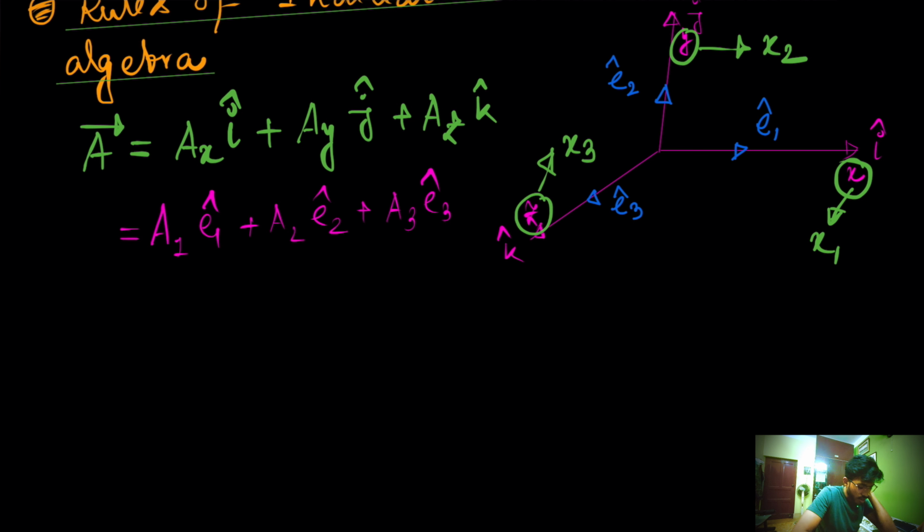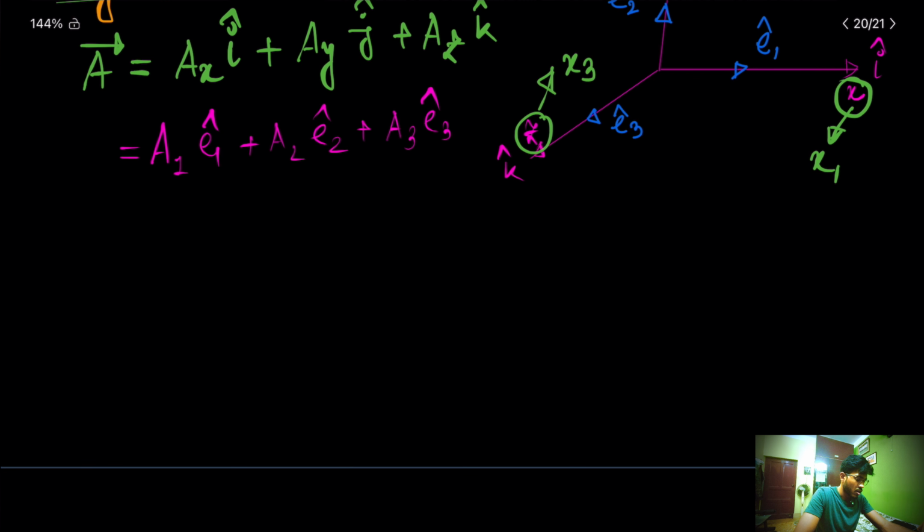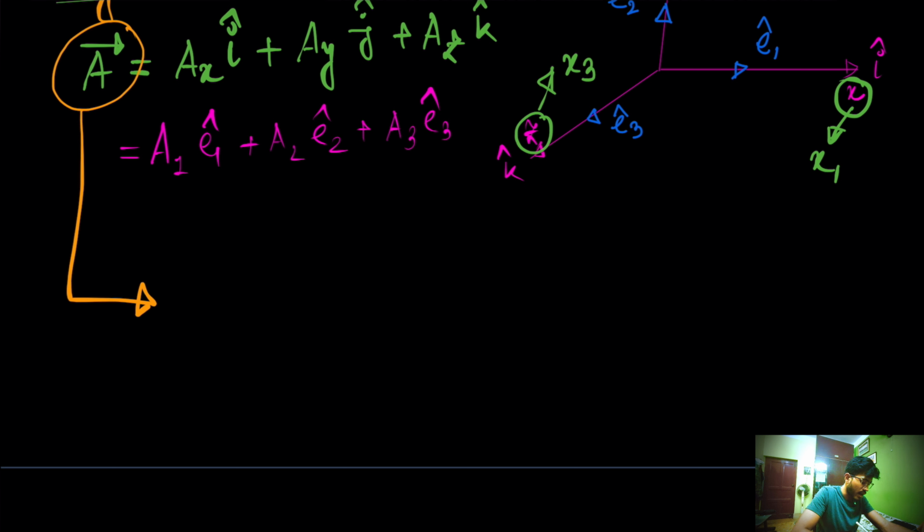So this a1 is the x1 component of the vector A, a2 is the x2 component of vector A, a3 is the x3 component of vector A, okay. Now if I have to give another notation for this vector A, then I can write this as Ai.